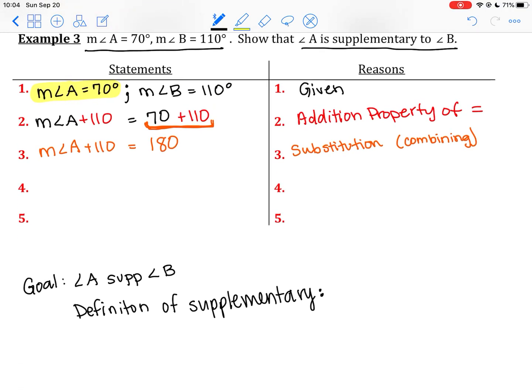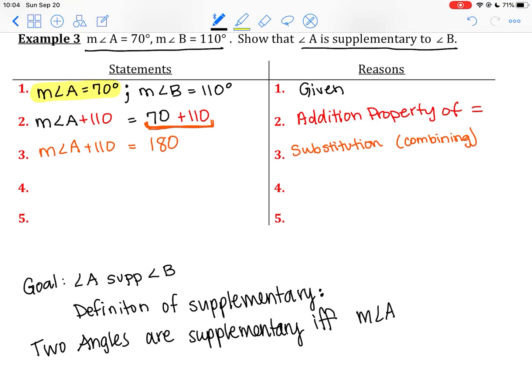So two angles are supplementary if and only if the measure of one of the angles plus the measure of the other angle is equal to 180.